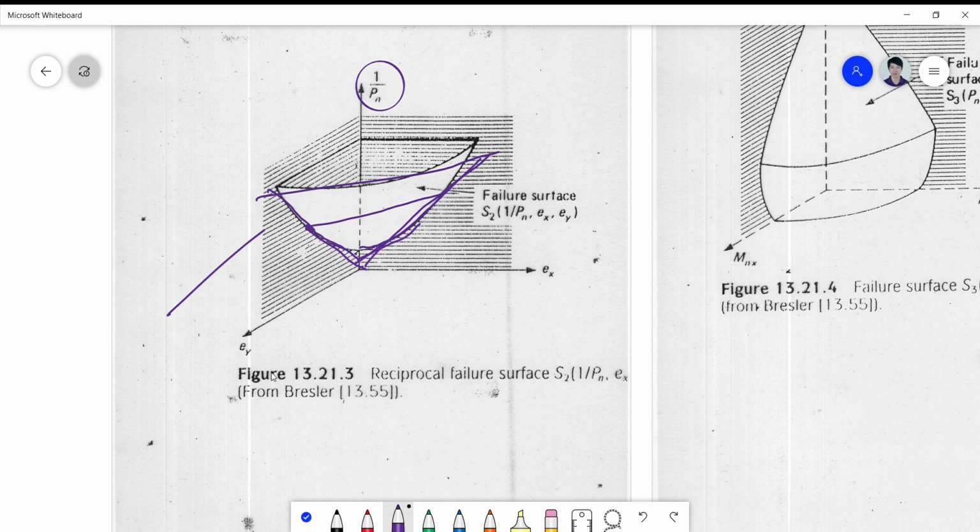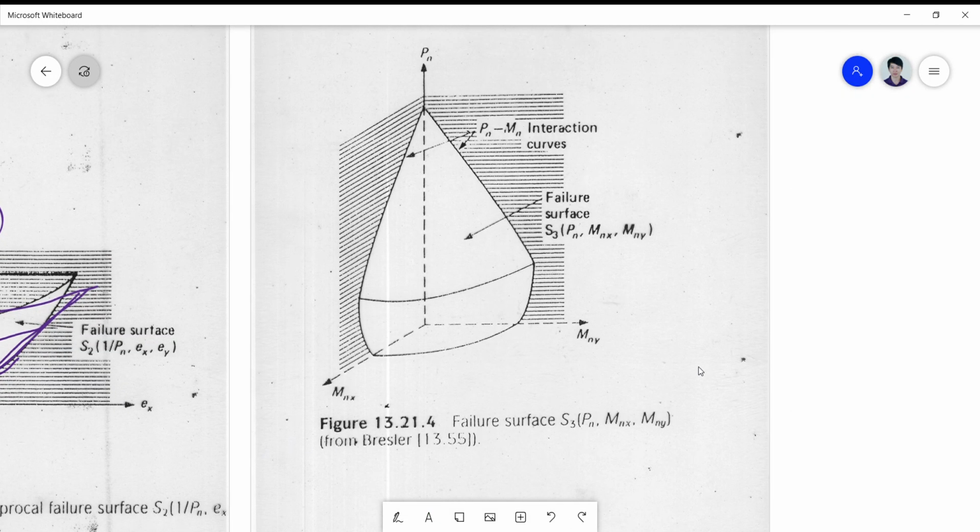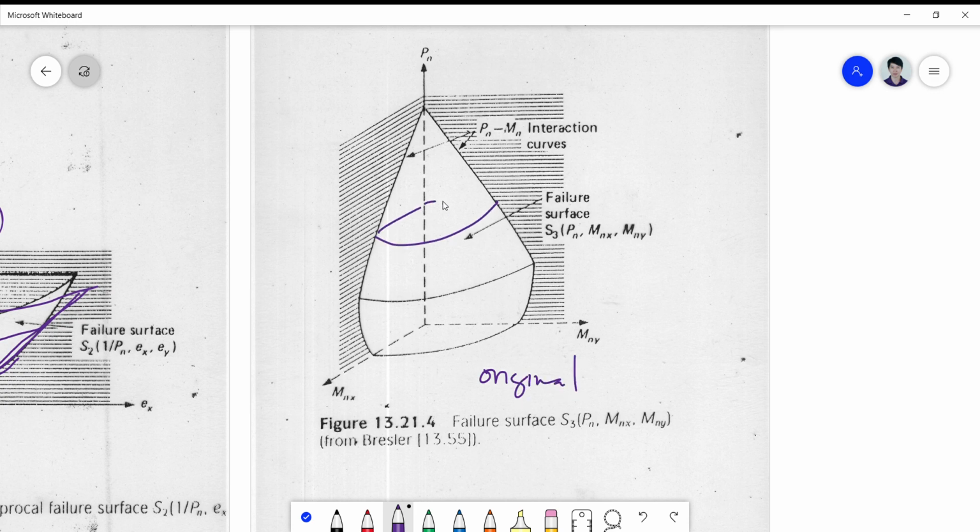So this is the one that Bresler used. And this is the original surface. This is the true column interaction surface. This is the original surface and the contour can actually be drawn here.